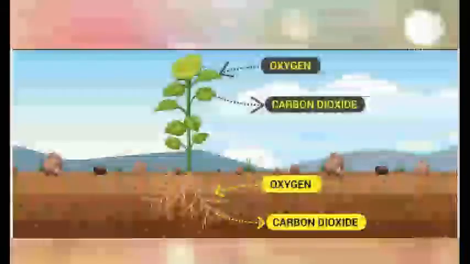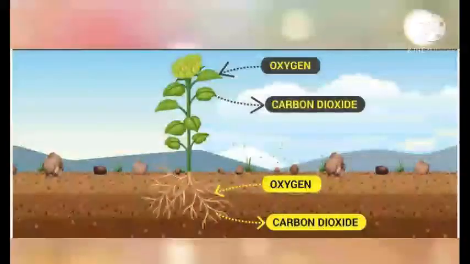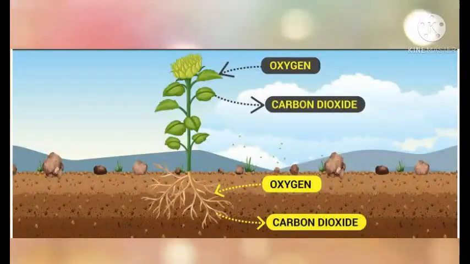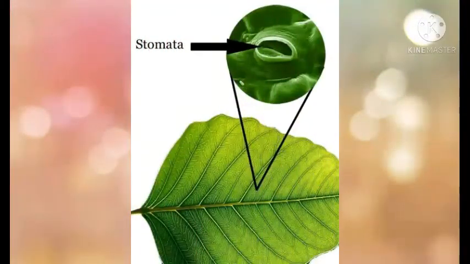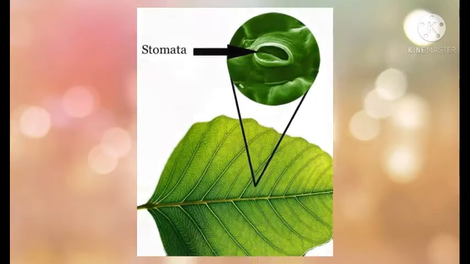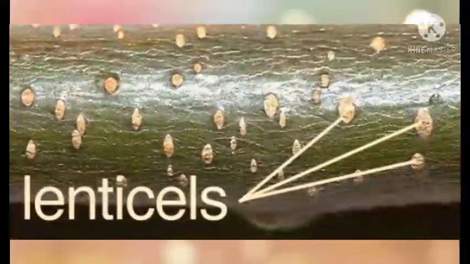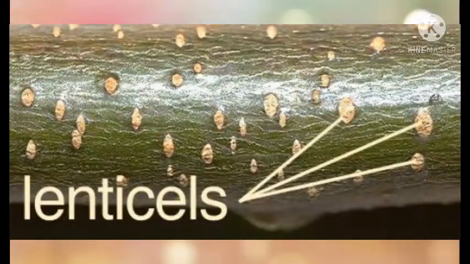Now you know that plants do not have any specialized organ system for gaseous exchange, and they carry out exchange of gases through stomata by the simple process of diffusion. Stomata are present mostly on the undersurface of the leaves and on young stems. In older woody stems, stomata will not be present; they will be replaced by lenticels. Lenticels are pores present in woody stems which help in gaseous exchange.